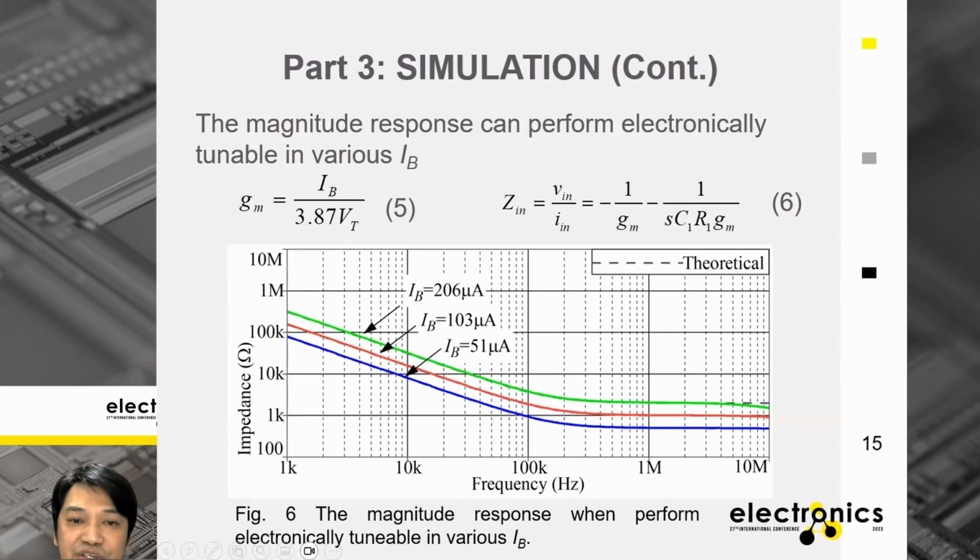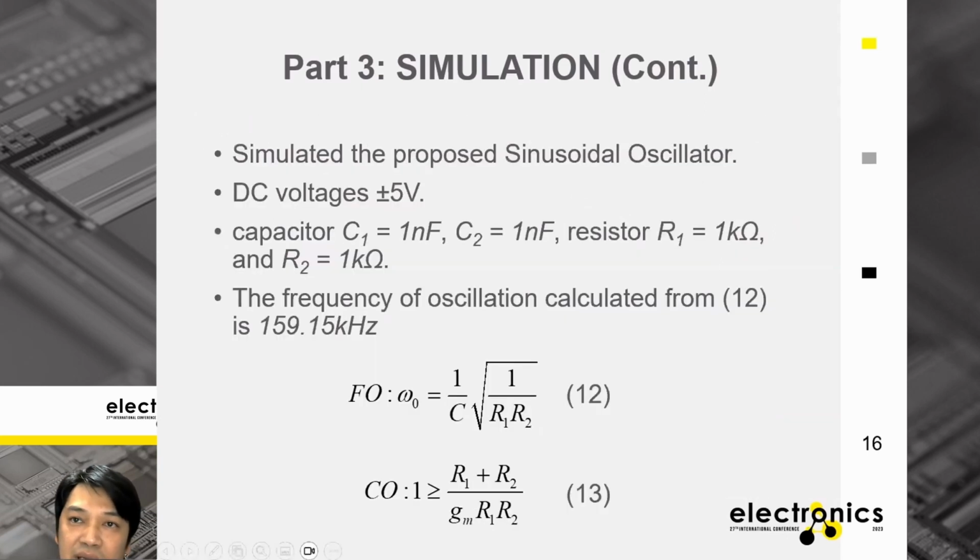Figure 6 shows the magnitude when I change the IB to 51 microamps, then to 103 microamps, and finally to 206 microamps. That magnitude can be tuned by the IB. This proves it already.